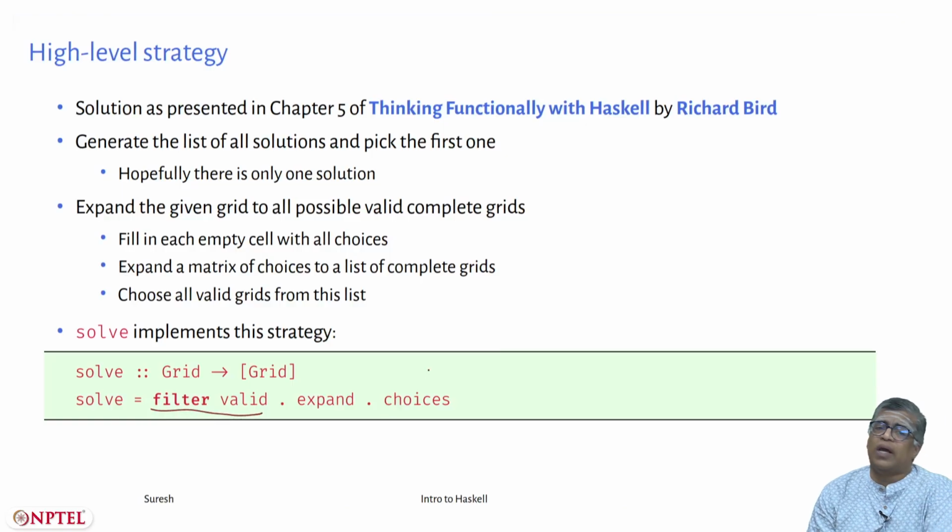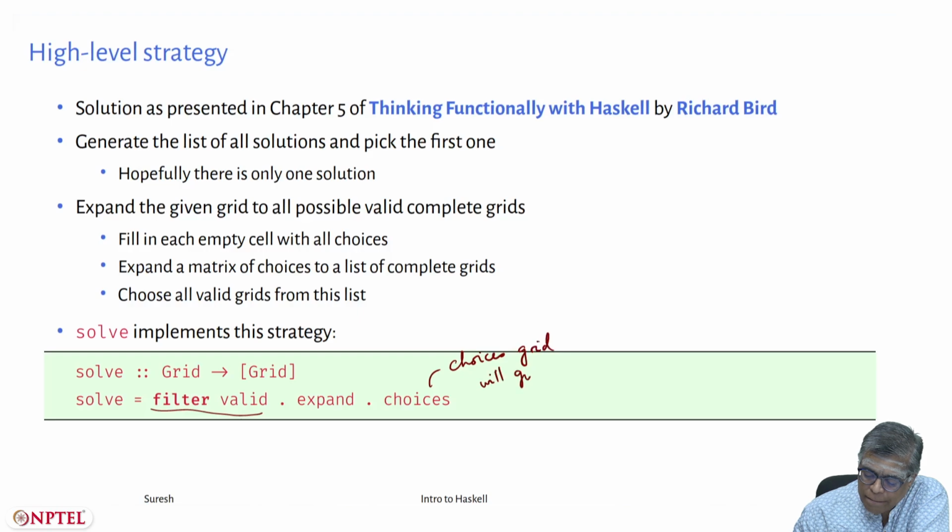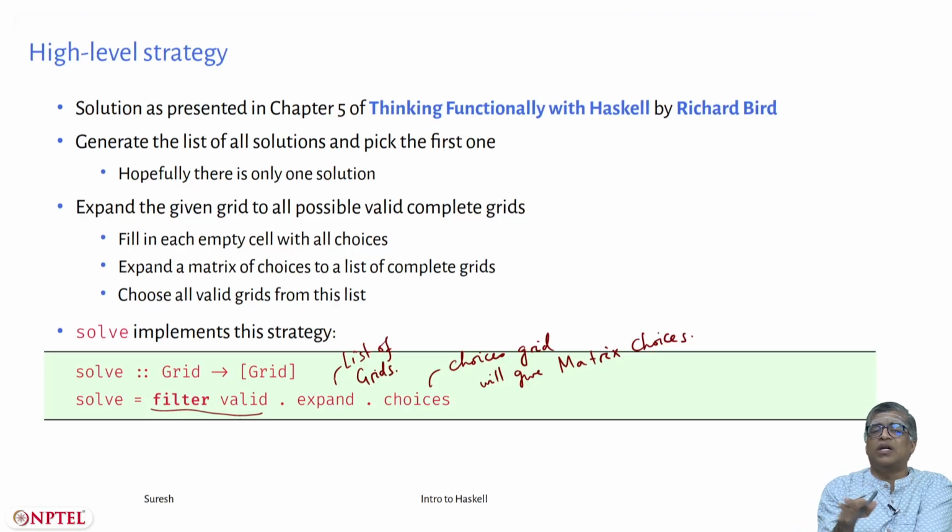So you first take the initial grid, fill it with choices, which gives a matrix of choices, expand will give a list of matrices, a list of grids. And now you go through each grid and check whether it's valid or not, and you filter out only the valid ones. This is my strategy.